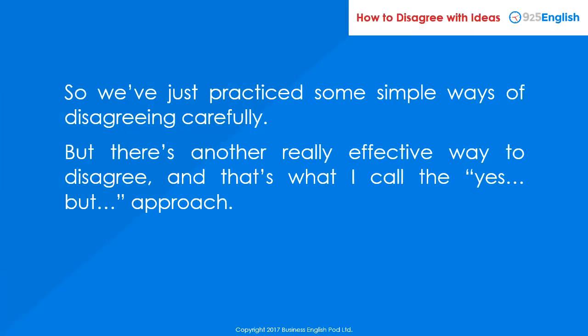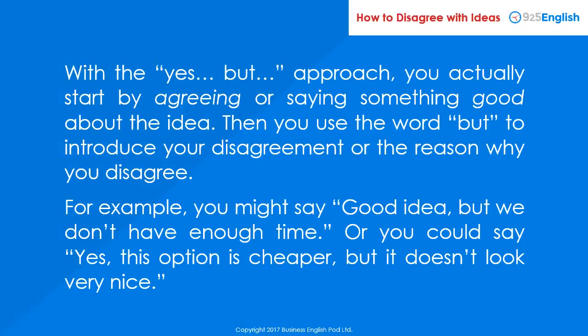So, we've just practiced some simple ways of disagreeing carefully. But there's another really effective way to disagree, and that's what I call the yes, but approach. With the yes, but approach, you actually start by agreeing or saying something good about the idea.